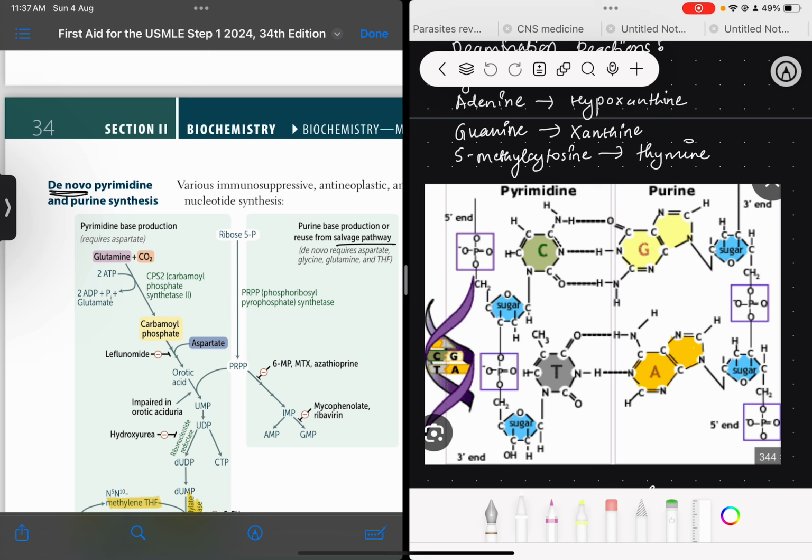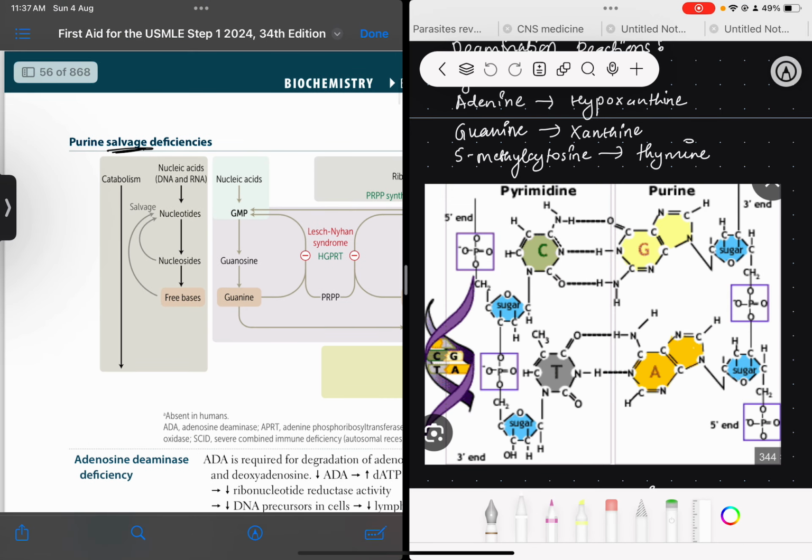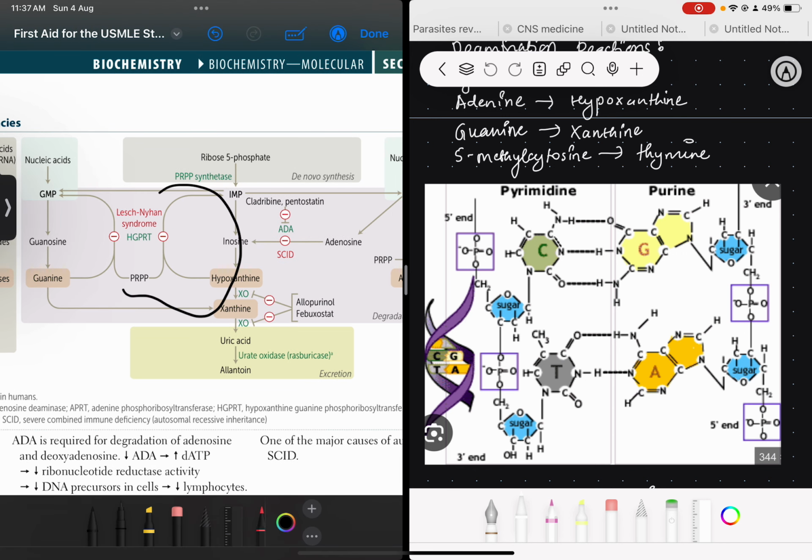So you synthesize all this from these raw materials, while the salvage pathway is only for the purines. Salvage pathway means by the catabolism of nucleic acid we get these free bases, and we again use these free bases to make new nucleic acid.